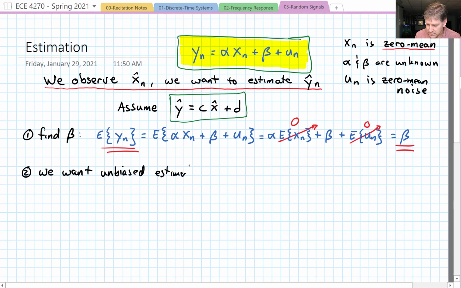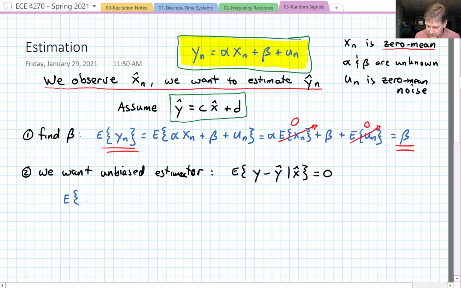To get an unbiased estimator, we say that the expected value of y minus our estimate, y hat, given x hat, has to be 0.